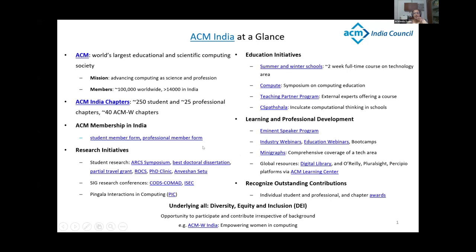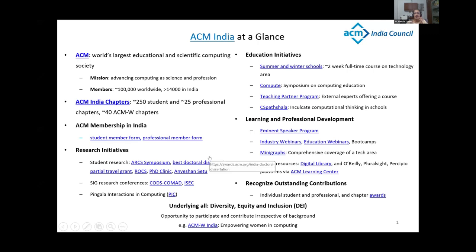There is the teaching partnership program, where external experts co-teach with a local teacher. That has been running for 3 years now, at different institutes. And then there is the CS Pathshala initiative, which inculcates computational thinking in schools. As part of this, the CTIS conference is organized annually.